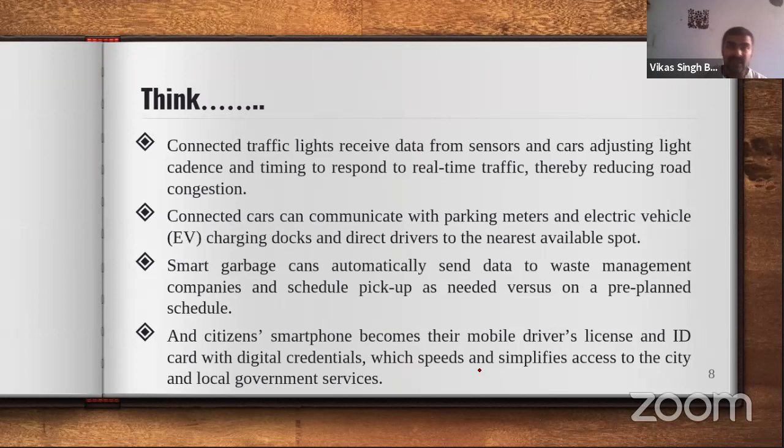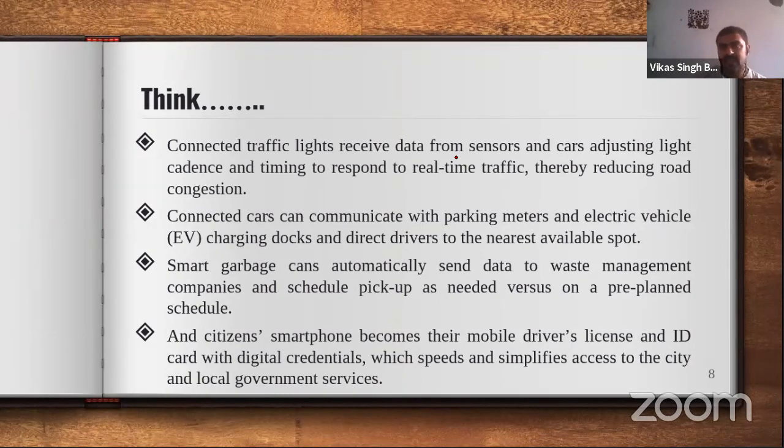Now consider some examples. Let us think for some time: one example is that traffic lights are connected. All traffic lights are connected, and they receive data from sensors. These sensors are placed on the cars.